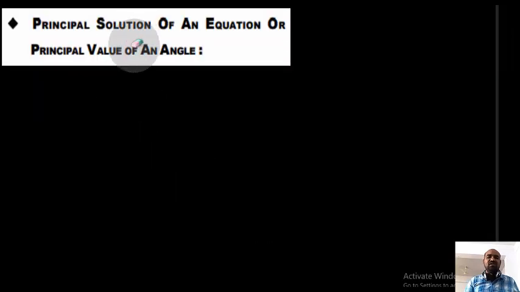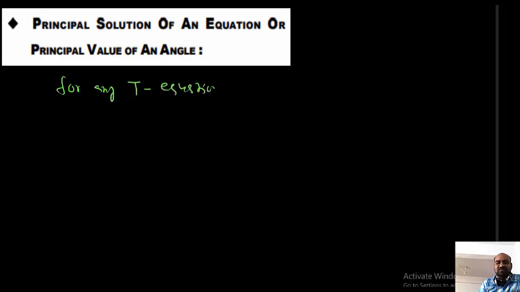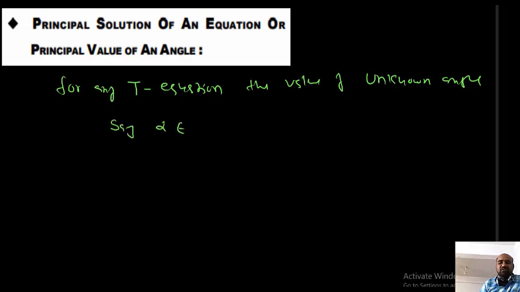Here, the principal solution of an equation, or principal value of an equation, I will write one formula. For any trigonometrical equation, the value of the unknown angle, say alpha, belongs to closed interval 0 to 2 pi.